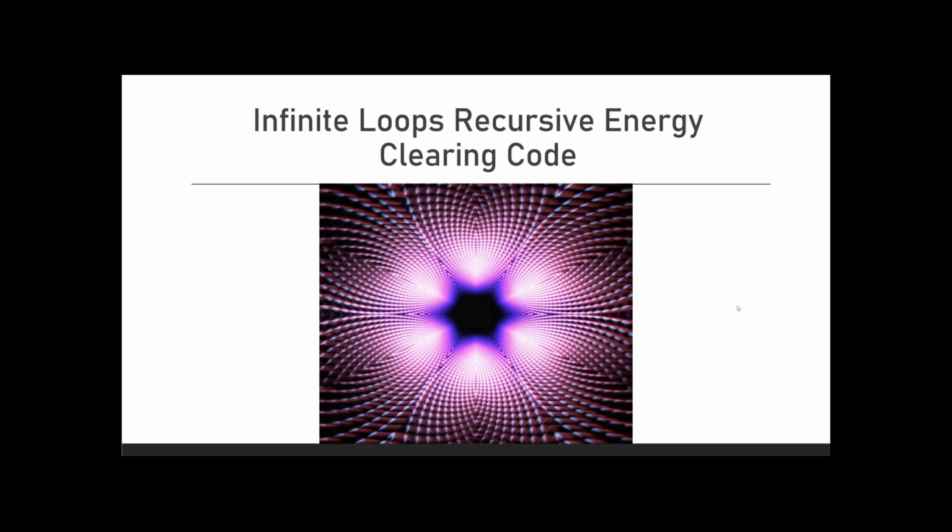So now what I'm going to do is just give you a little experience of this. I'm going to use this code, the infinite loops recursive energy clearing code, to clear the source of what you wrote on the text chat earlier. So everyone just focus on this code. Inhale the code to your third eye.